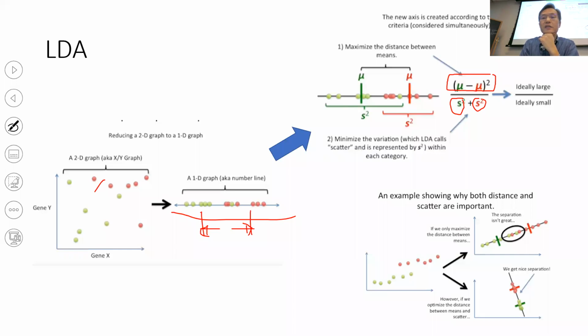So you want to consider the variance among the red group points and the variance among the green group points. And you take a ratio, you sum this variance and take a ratio, and you want to maximize this.